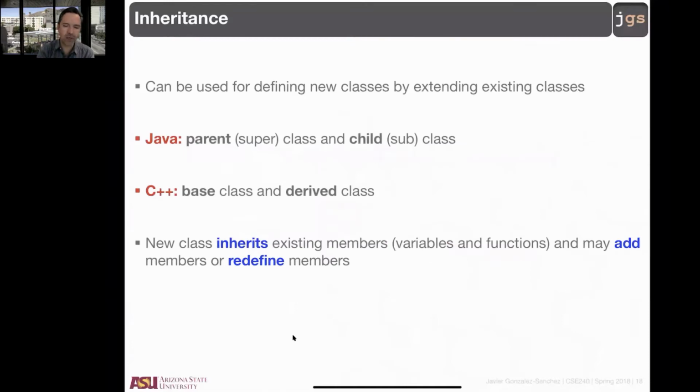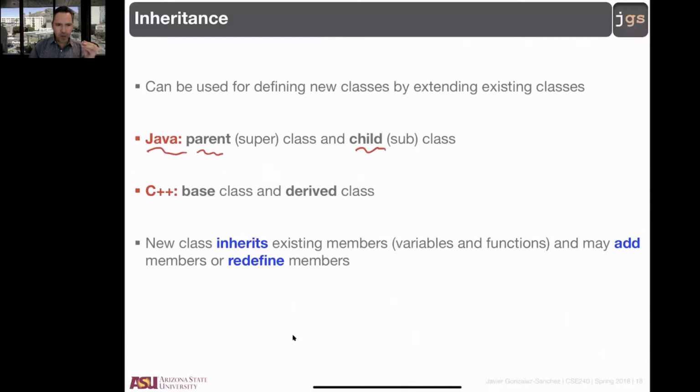There is nothing new about inheritance. You already know from your Java knowledge about this idea of the parent and the child. Usually, the notation in Java is to talk about the parent and the child. We use that reference in Java.